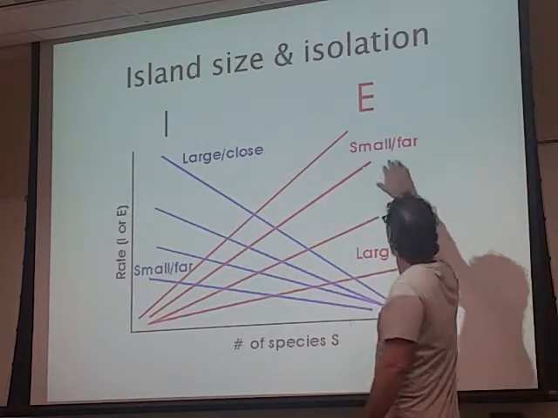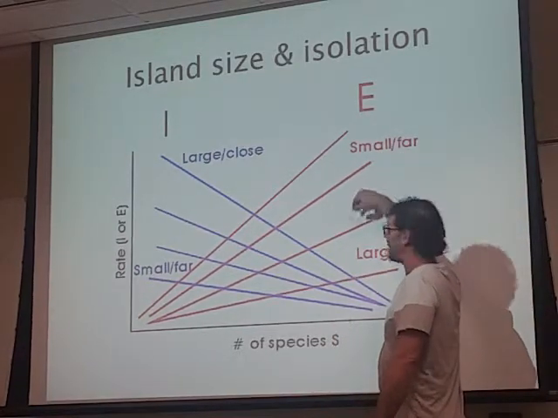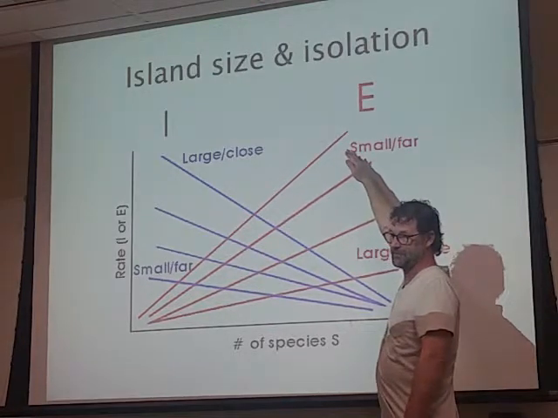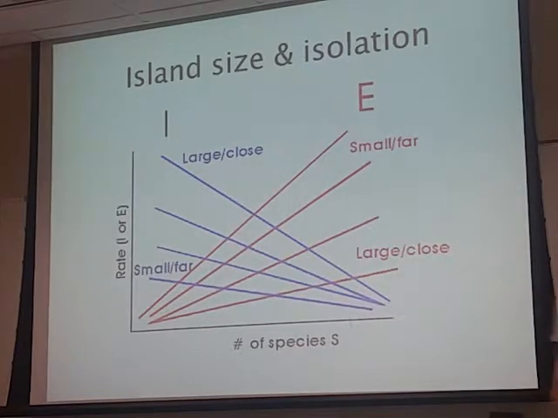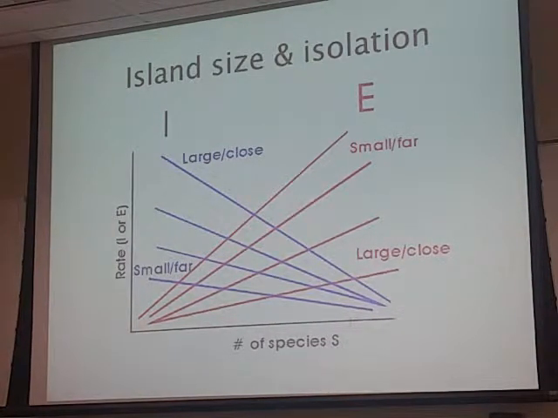So islands that are small and far away are going to have higher rates of extinction. All right? If you're small and far away, the rescue effect is very small.